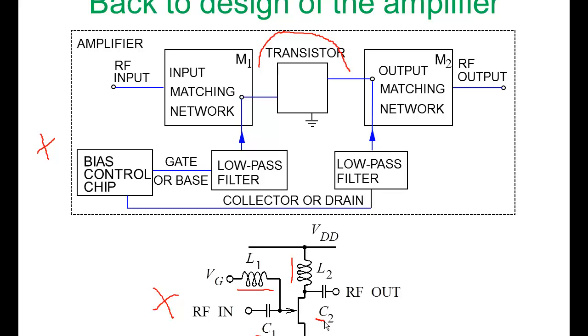C1 and C2 function to block DC current from flowing into the source resistance and the load resistance. And it would be wonderful if we could also include L1, C1, L2 and C2 into the matching networks, or at least as much as possible.